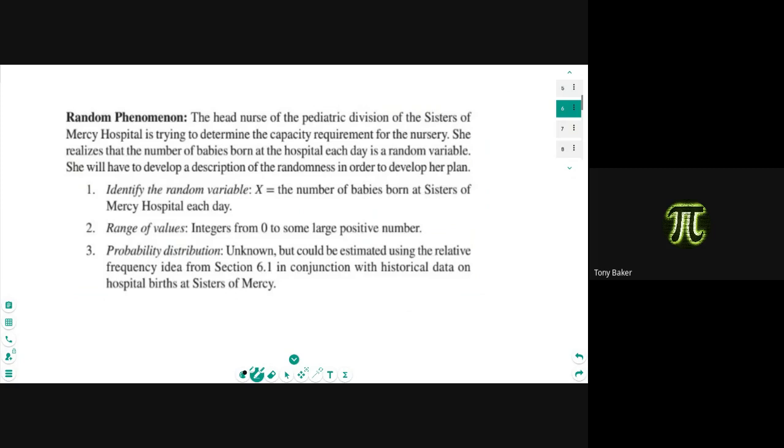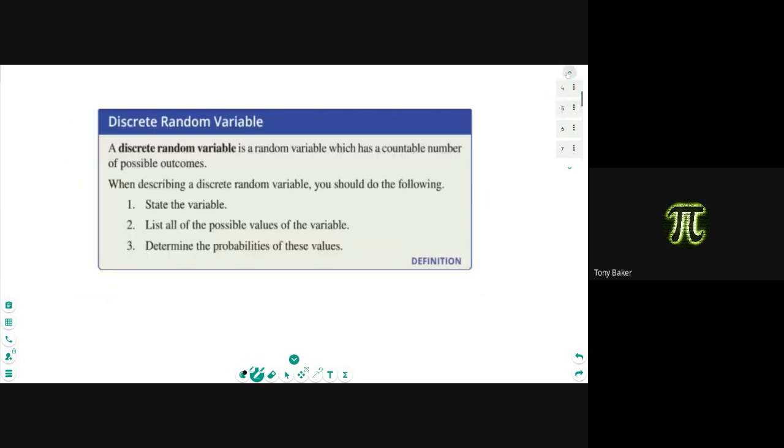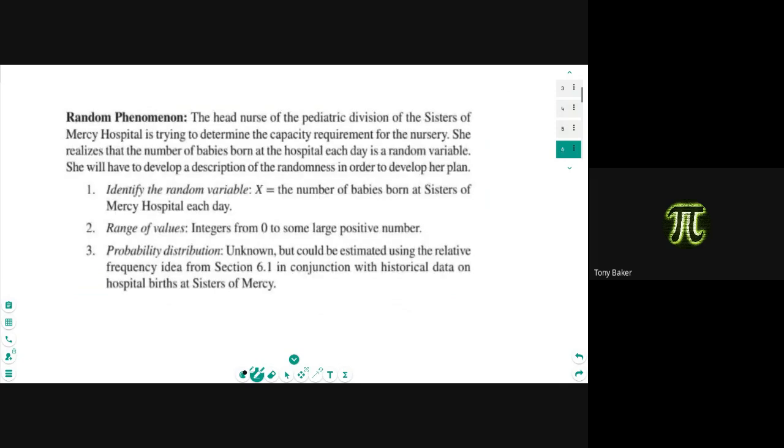Does that go against the definition of what we talked about? So remember what the definition was. List all possible values of the variable. Did we list all possible values of the variable? Feels like no. Okay. So this is one of those ones where we cannot know what the upper value is, but we know there is an upper value. You're not going to have an infinite number of babies.